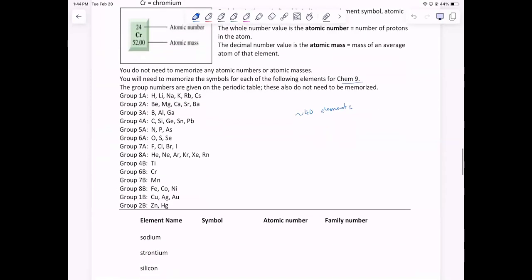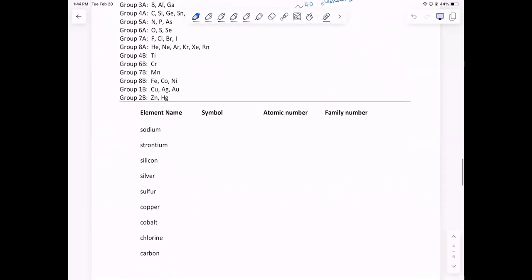Okay, so the idea here is basically just recognizing what the atomic number is on the periodic table. That's the whole number value that's associated with each element. It's kind of like each element's address. Each element has a location, and that's a box, and that box has a number, just like you have an address where you live and it has a number.